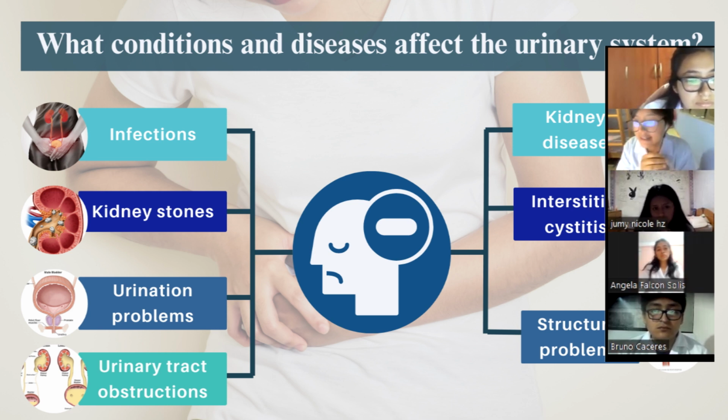structural problems. Sometimes babies are born with conditions that affect the way their urinary tract forms. For example, ectopic ureter is when your child's ureter connects to a place other than their bladder.